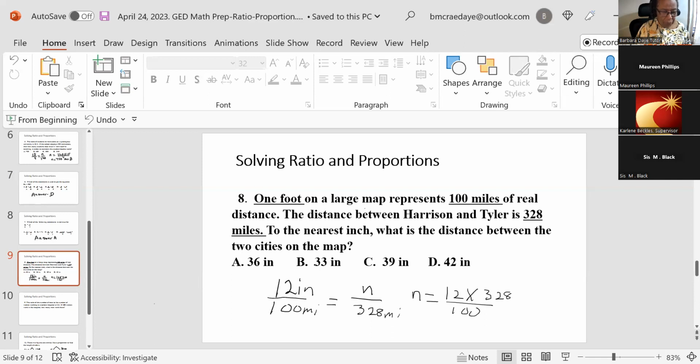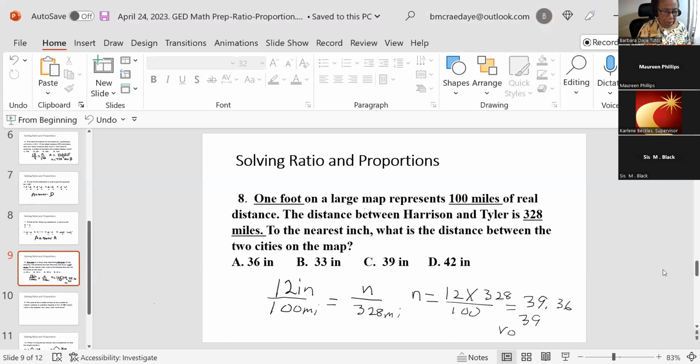You get 39.36, and that rounds to 39. Yeah. So wait a minute, you said 12 times 328 and then divide by 100. Yeah, cross multiply, right? Isn't that cross multiplying?